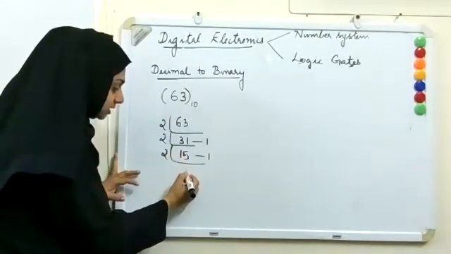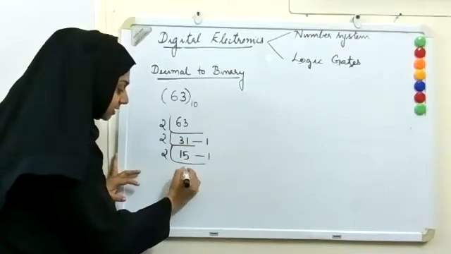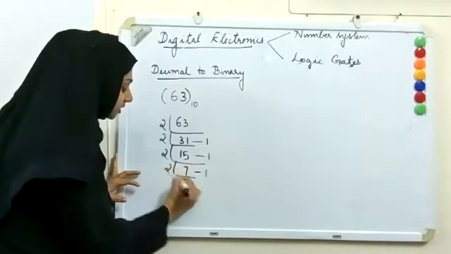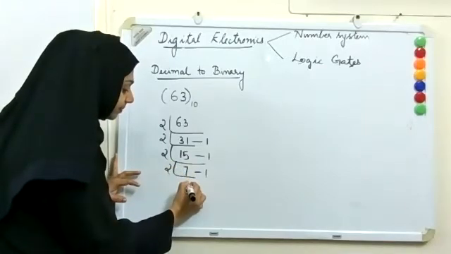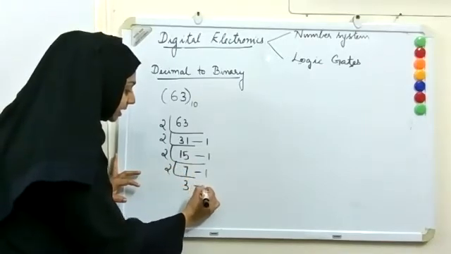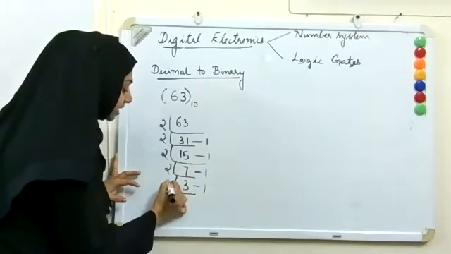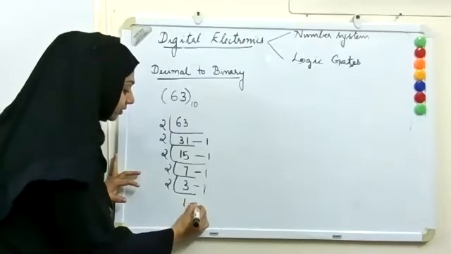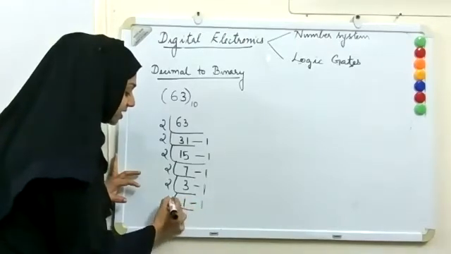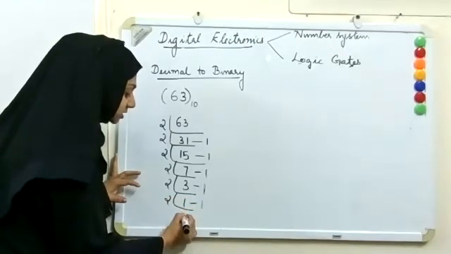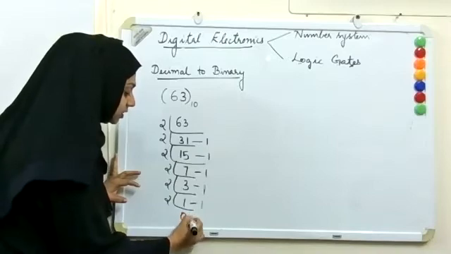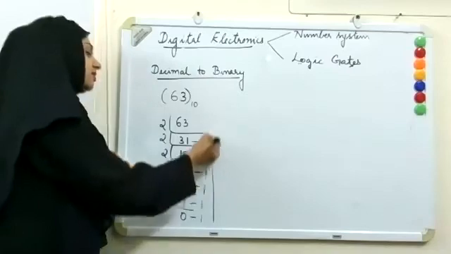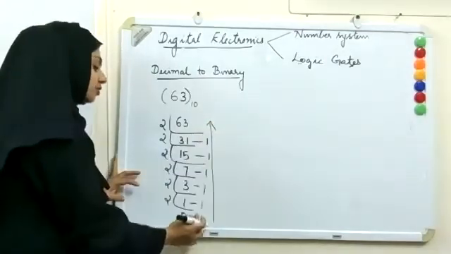What is the quotient? 7, remainder 1. Again, divide with 2: 3, remainder 1. Again, divide with 2: 1, remainder 1. Again, divide with 2. What is the quotient? 0, remainder 1.